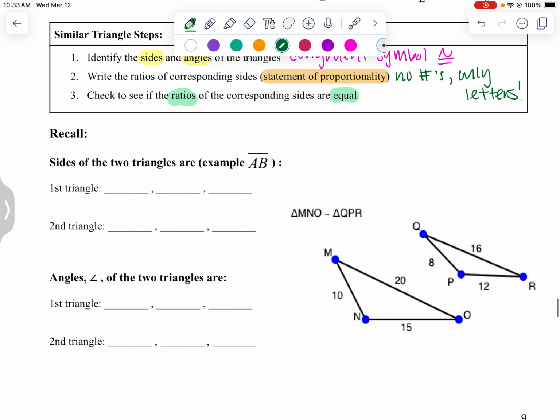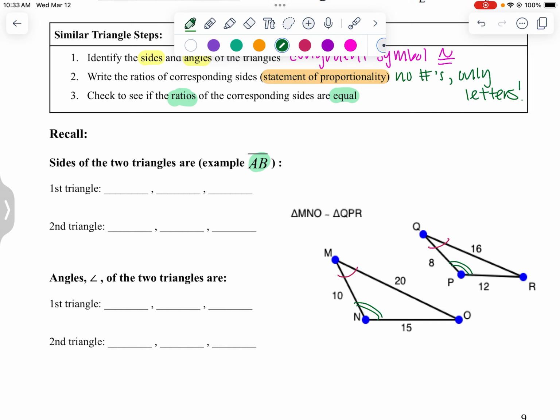It says recall. Sides of two triangles are, and this is our example. Remember, we're going back to unit 1. This is how we state our sides. First, I'm going to look at my two triangles below and match them up. Both triangles look like M and Q are the same exact measurement, so I'm going to put the same tally mark at angle M and angle Q. Angle N and angle P are the same, so I'm going to put 2 tally marks.